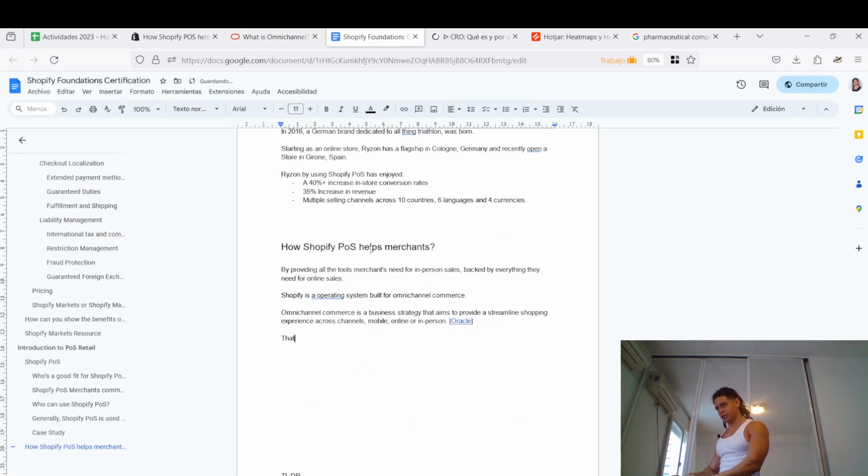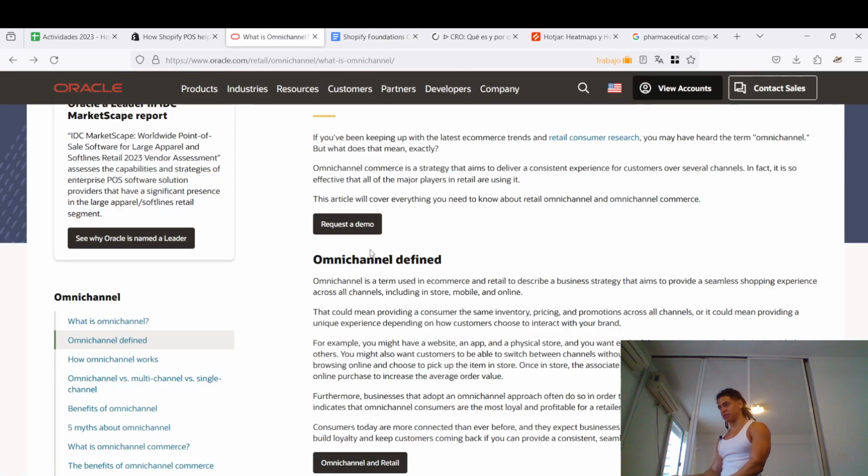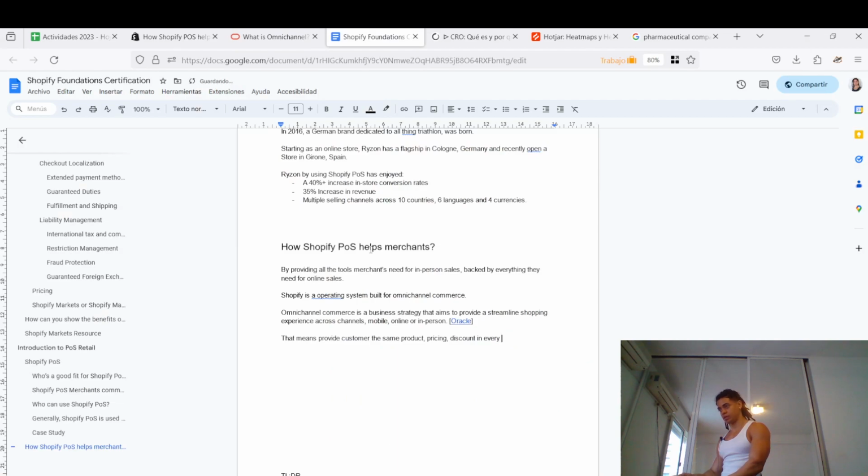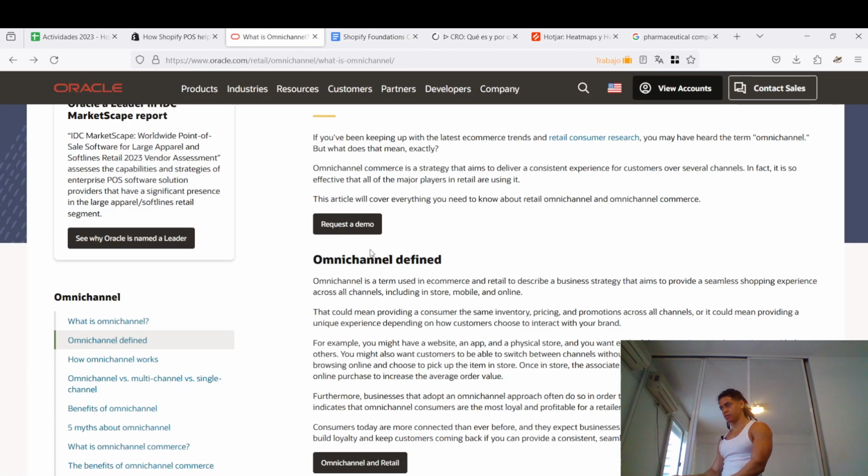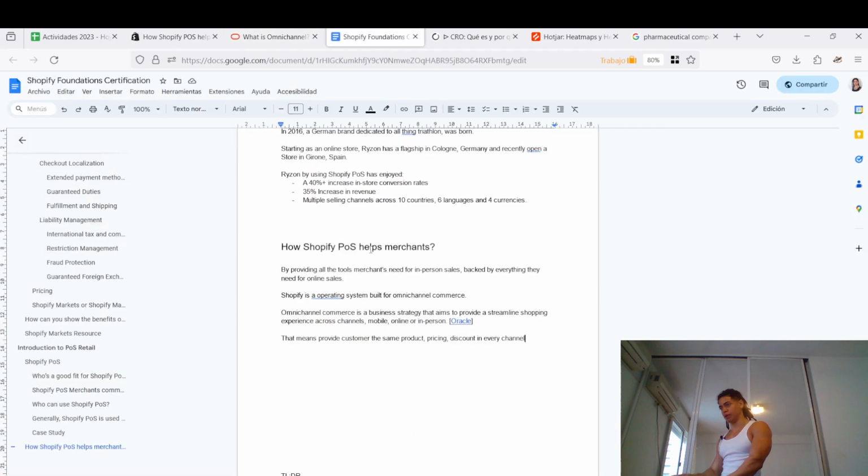And that means providing customers the same product, pricing, and discount in every channel, or it can mean providing a unique experience depending on how customers choose to interact with your brand.